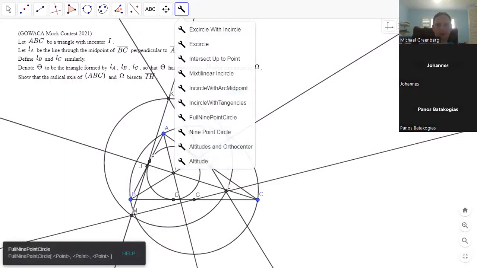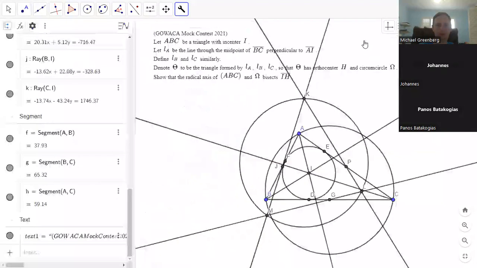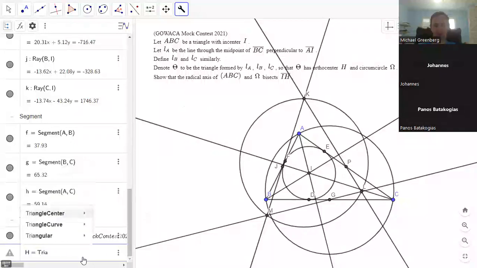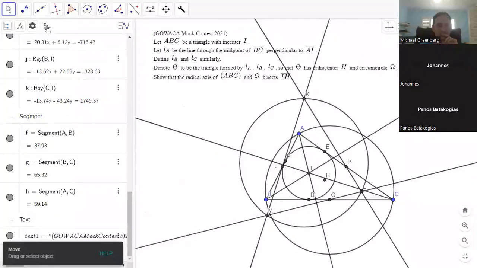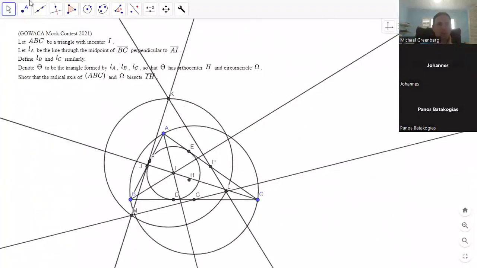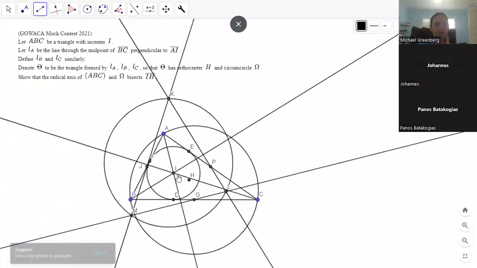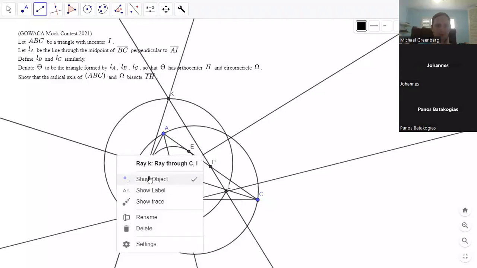Okay. So that's H right there. And basically we want to show the midpoint of IH has the same power with respect to both circles. That's an equivalent way of saying it.